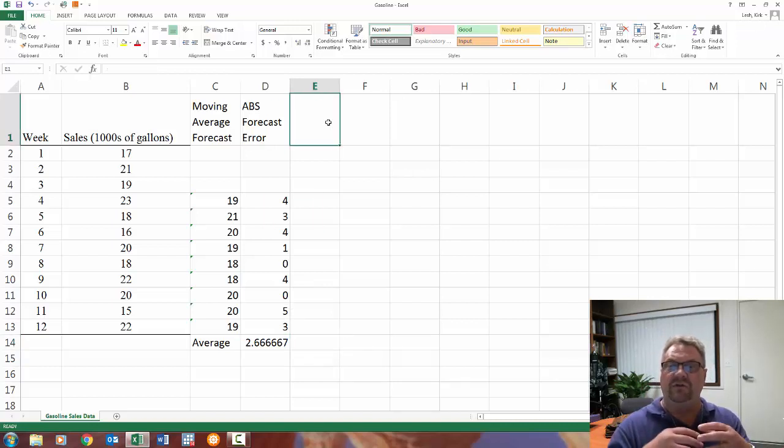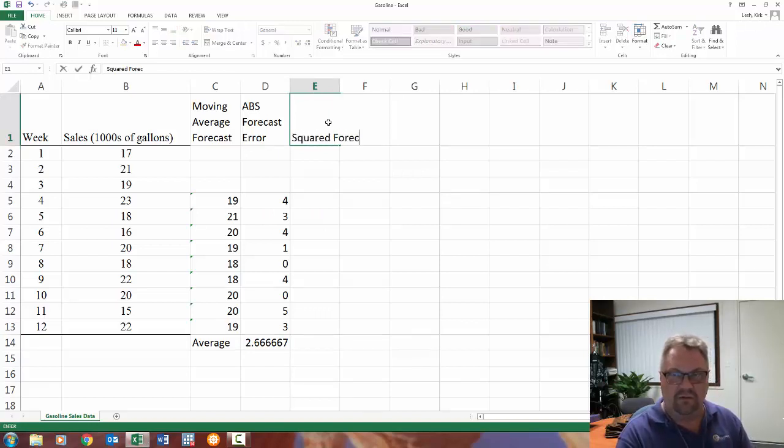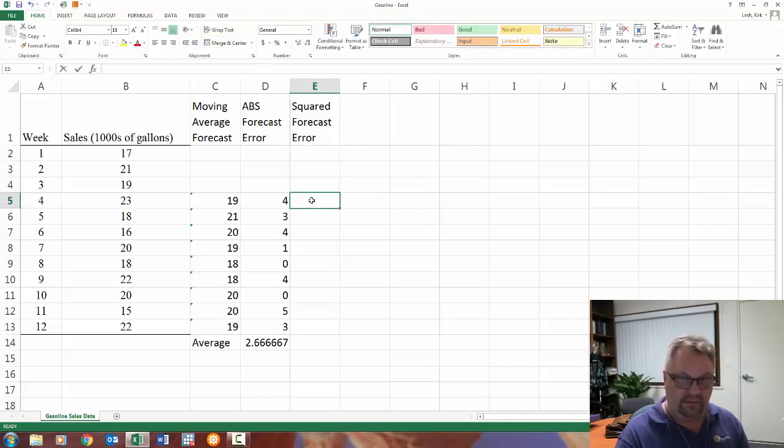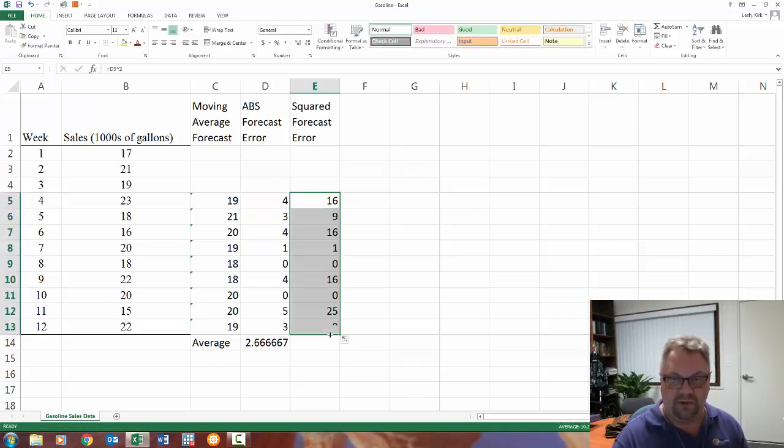And then, of course, we have our squared forecast error. So I'll just do that. I'm going to take my forecast error, square that, copy that down, and then take the average.